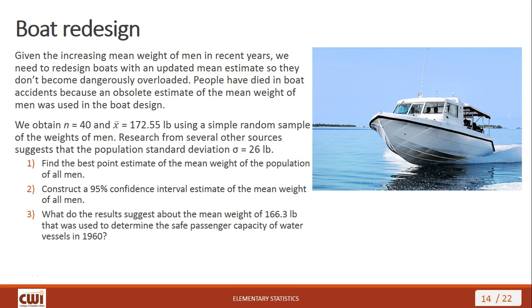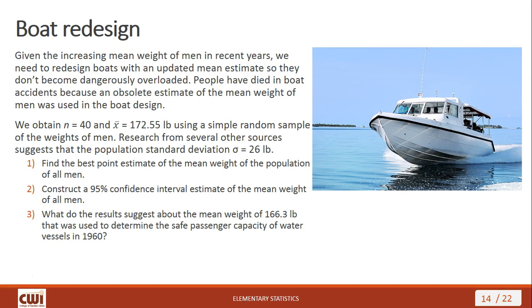Let's say we obtain a sample size of 40 and we have a mean weight of 172.55 pounds using a simple random sample of the weights of men. Research from several other sources suggests that the population standard deviation is going to be 26 pounds. So, the first thing we're asked to do is find the best point estimate of the mean weight of the population of all men.